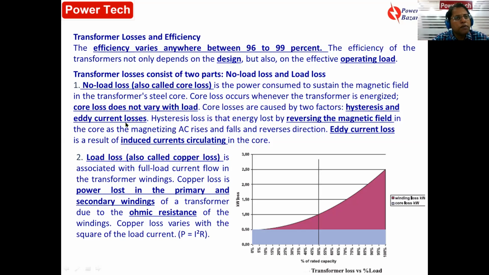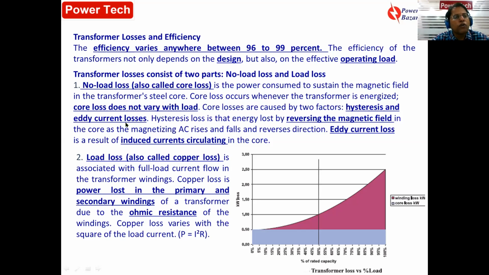Since an induced EMF is already there, and a magnetic field has been created which is alternating in nature, it has some path apart from the copper or aluminum winding. Apart from that, you have a core which offers a conducting path. Iron is a conductor of electricity.